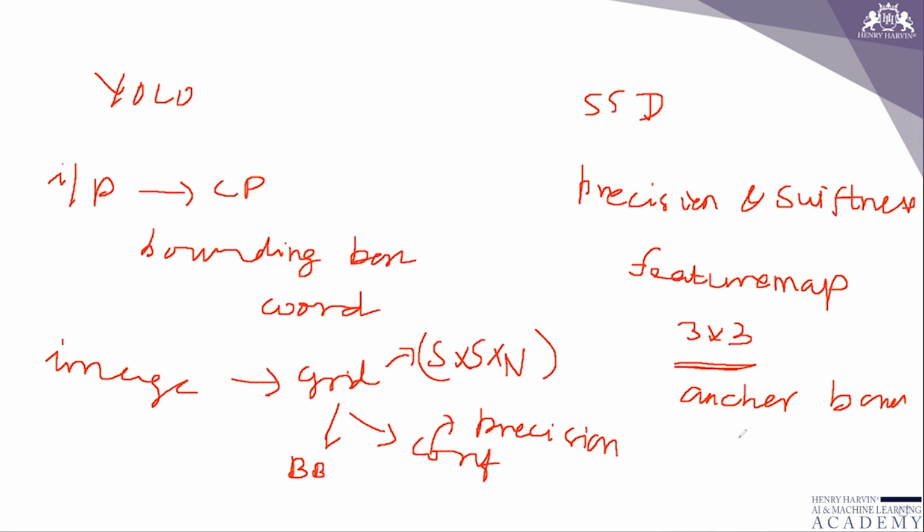I hope this is really helpful to understand how YOLO works, how SSD works, and what the difference between YOLO and SSD is. So we have seen the differences between the two, and we have seen how SSD works in detail, right?